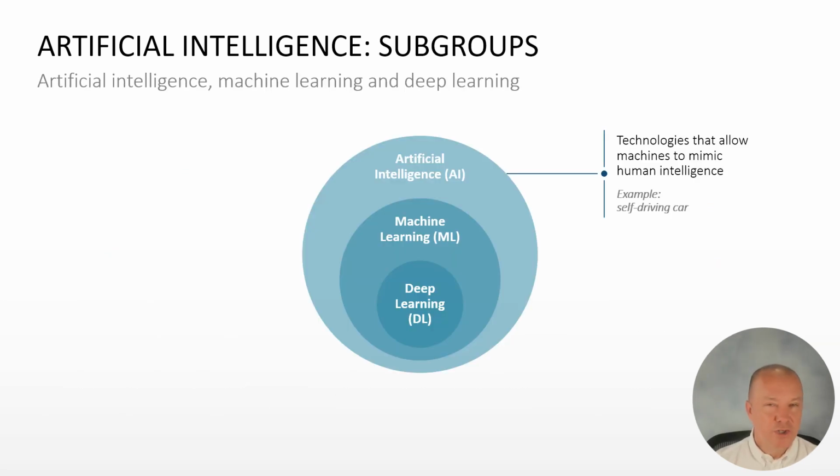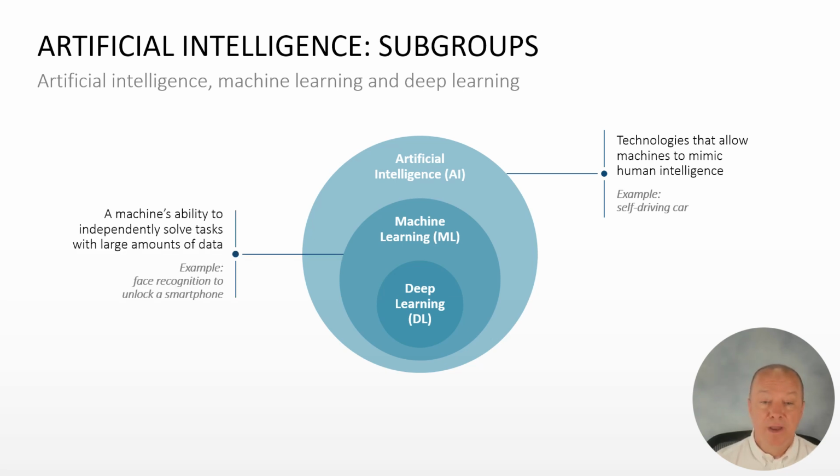So artificial intelligence is a broad term that can be broken down to get a better understanding of what part of AI we're looking at. So we'll compare and contrast artificial intelligence with machine learning and deep learning. Technologies that allow machines to mimic human intelligence are an example of artificial intelligence. An example of this would be perhaps a self-driving car.